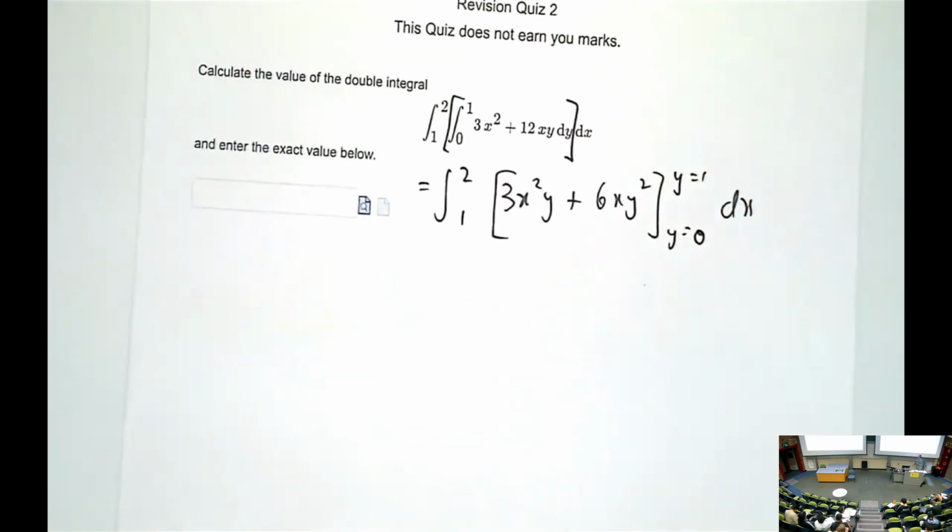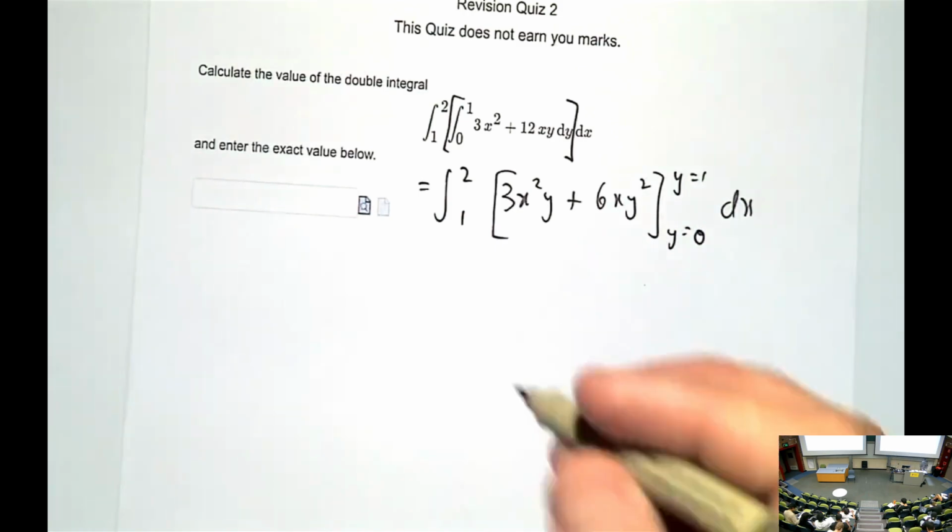And so now you put in 0 and 1, and you'll get an expression involving x, which is pretty easy. Let's hope.